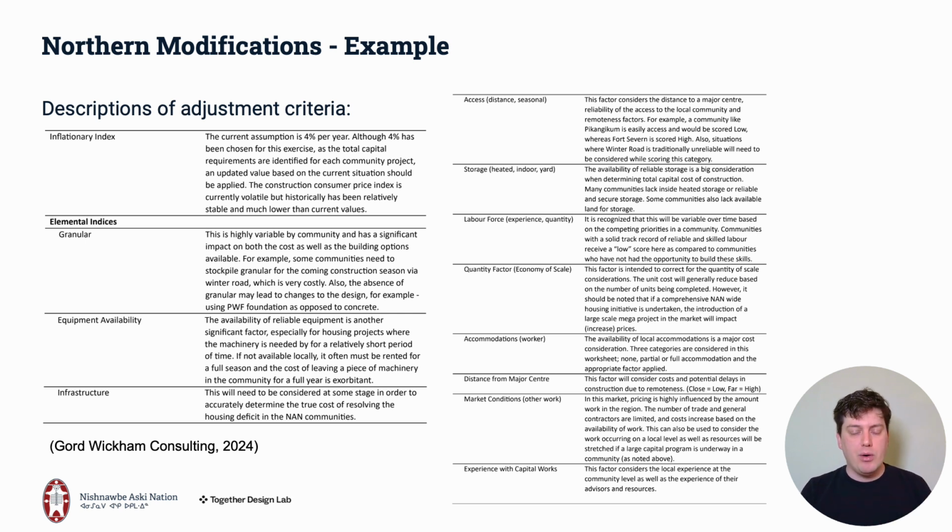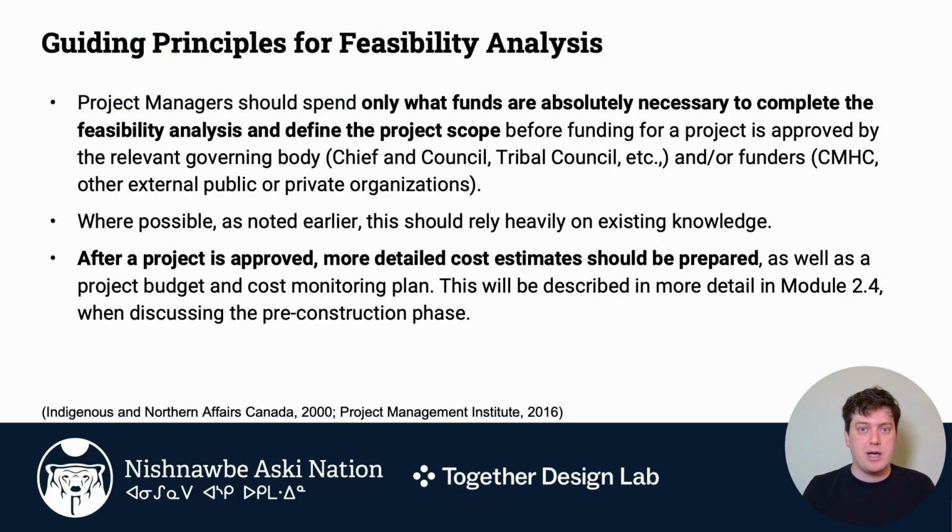And so it's going to be important when you're working with someone preparing costing, both at this Class D stage and moving forward, and we'll talk about costing again as we go through the life cycle of a building project, that you are aware of these local factors and that you're able to bring them forward as being important in the costing.